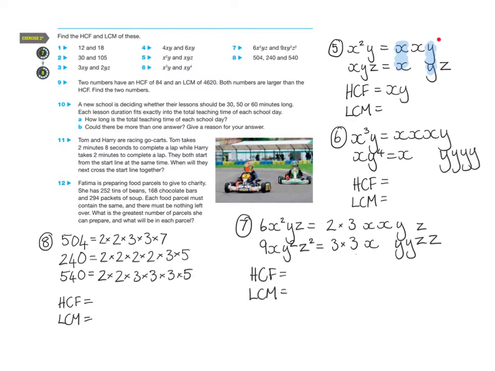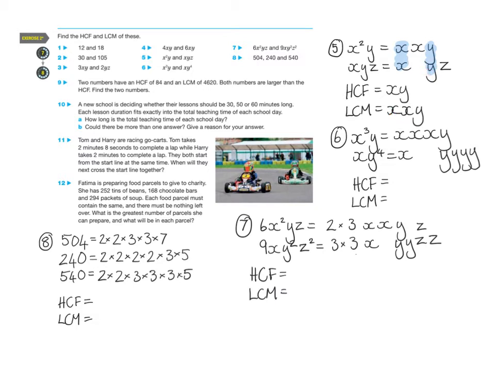Now, our lowest common multiple is when we include everything that is over there. So if we look at x squared y, we have x and y. I'm going to start by writing that down, x, y. Then at the bottom I've got an x, but as you can see I've already included one x.